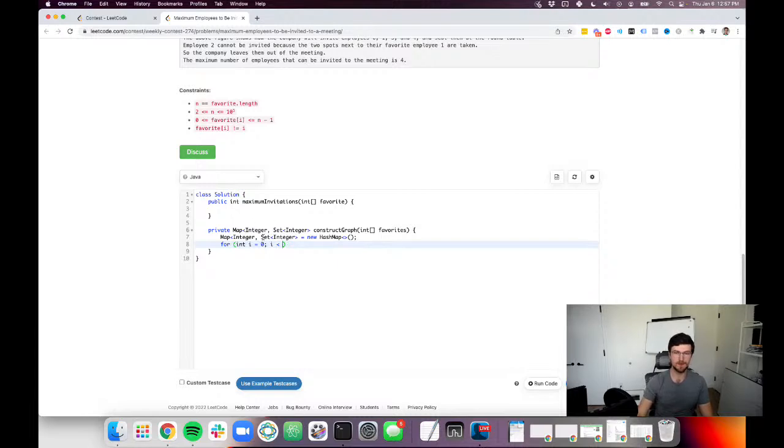and actually these don't need to be sets, right? Because each one only maps to 1. So it could just be this.